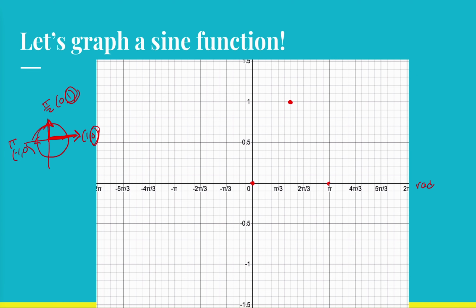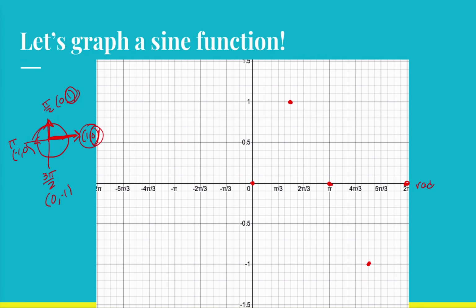We're back down to 0 at pi. And then at 3 pi over 2, that's 0, negative 1. So at 3 pi over 2, we're down to negative 1. And then when we come back around to 2 pi, we're back up to 0 again. So that gets us the beginning of the sine function.